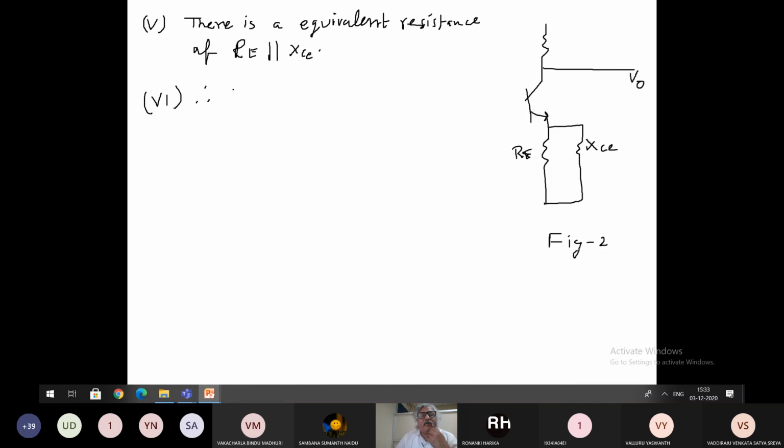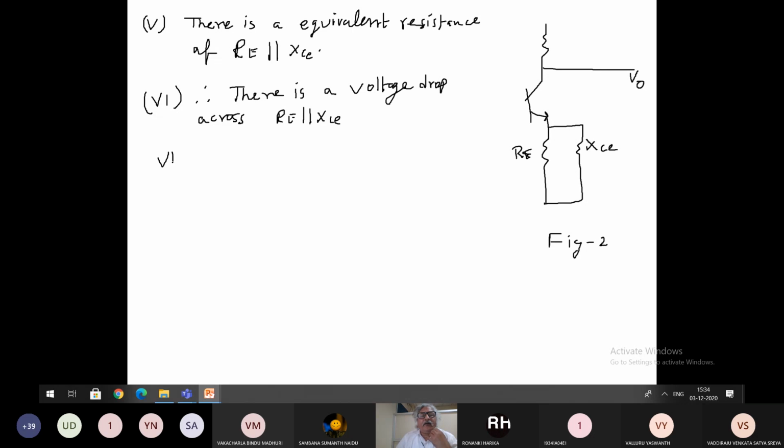Therefore, there is a voltage drop across Re parallel to XCE, right?